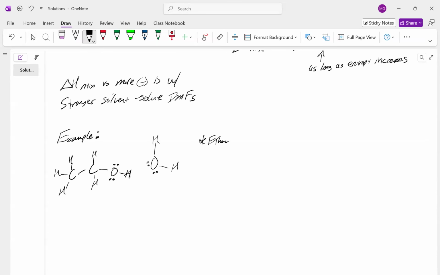But ethanol is infinitely soluble in water, which basically means I can add as much ethanol as I want to water and it will always dissolve. It will never separate out. And the reason for that is that delta H of mixing is a very negative number because there's a strong interaction between ethanol and water. Not only is there hydrogen bonding, but both molecules are polar, so they both have dipole-dipole interactions.